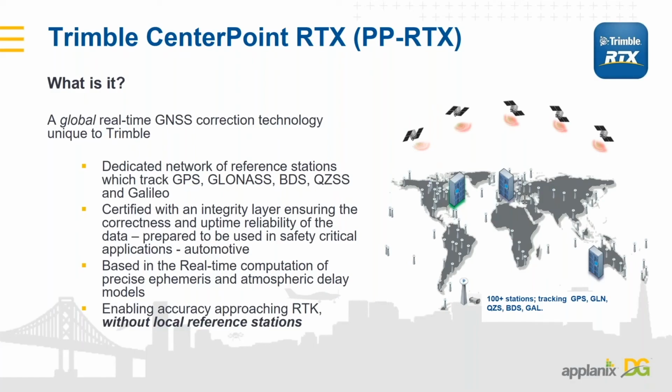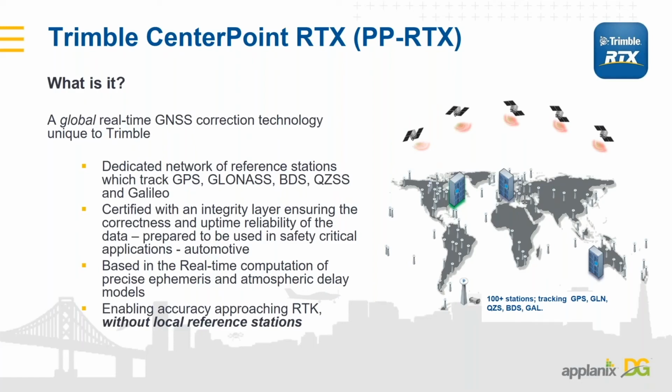Utilizing this information, we can compute precise ephemeris information in near real time. This also corrects for the atmospheric delay models. It is certified with an integrity layer to ensure correctness and safety for applications such as automotive with self-driving vehicles.